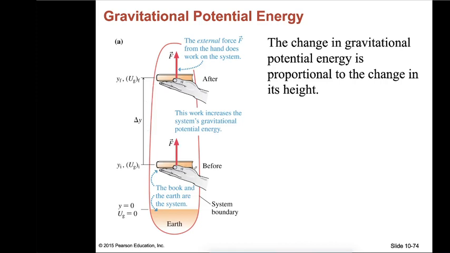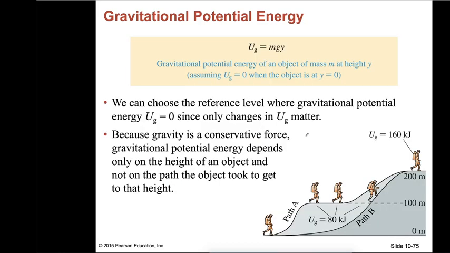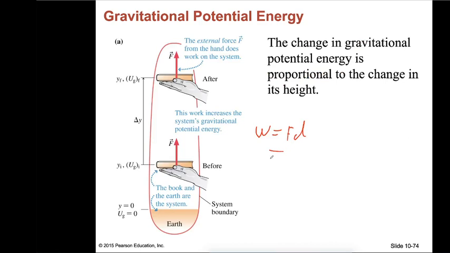First, the pushing force equals the weight, which is mg, and the work could be calculated by Fd. So F equals the weight, which is mg, and d is the displacement, which is delta y here. So that's the work that has been done from here to there. It's mg delta y, or mgy.